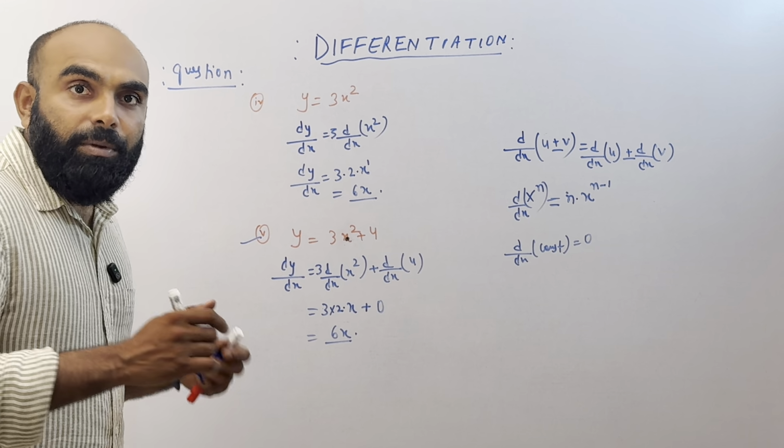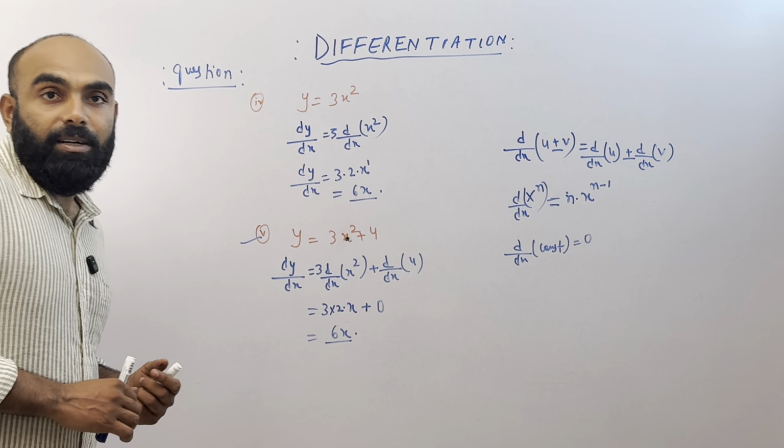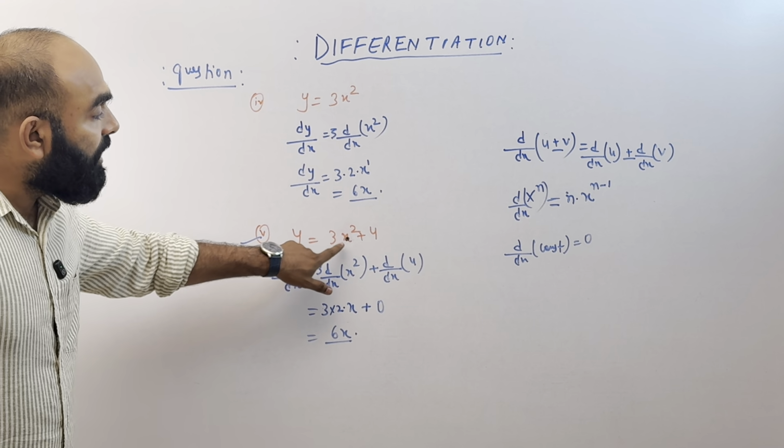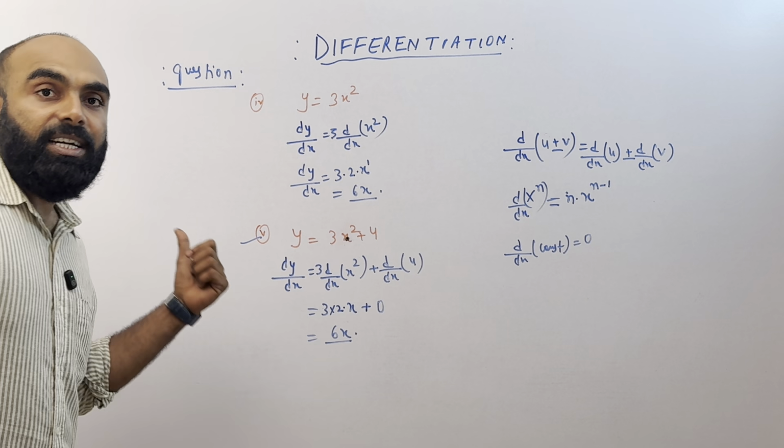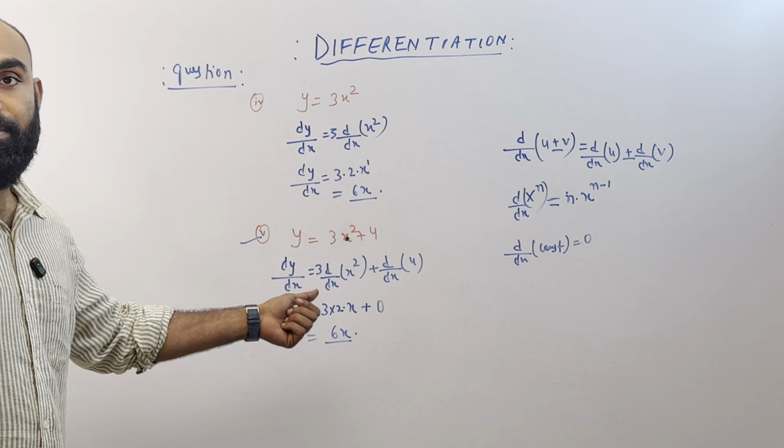I'm not telling you to remember, I'm just showing you how we are going to do the differentiation part. If a constant is multiplied with the variable, take the constant outside, taking the constant 3 outside, and then differentiate the function.